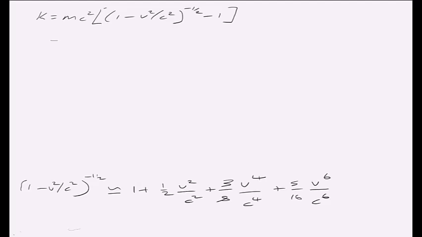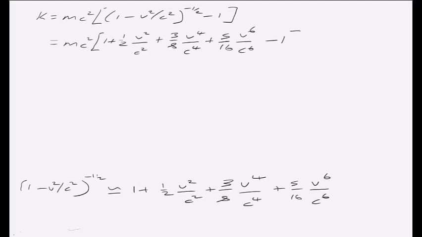And so it becomes equal to mc² [1 + 1/2 v²/c² + 3/8 v⁴/c⁴ + 5/16 v⁶/c⁶ - 1]. And we see that both of the ones cancel each other out.